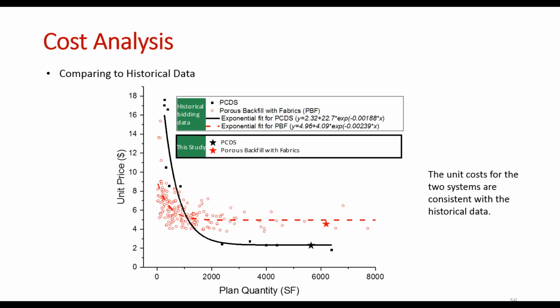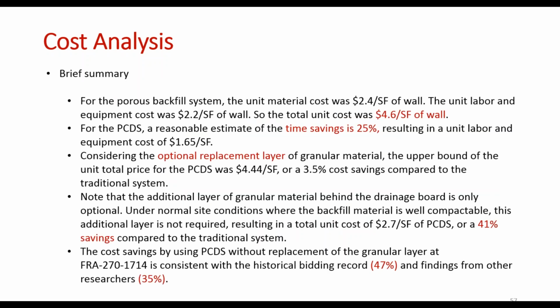But if you go to the Ashtabula site, which only has 5 feet height and a smaller square footage, your quantity will stay somewhere here, so we don't suggest you use that method. So that's our finding regarding the cost.